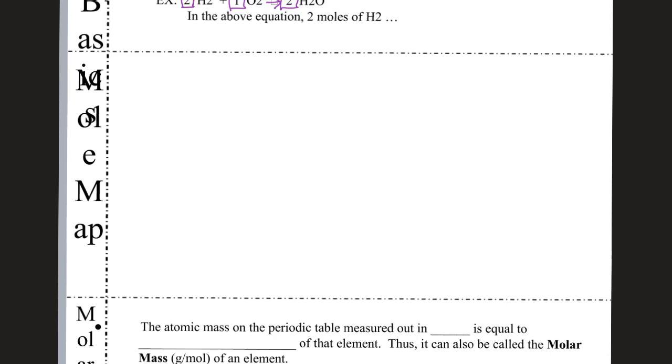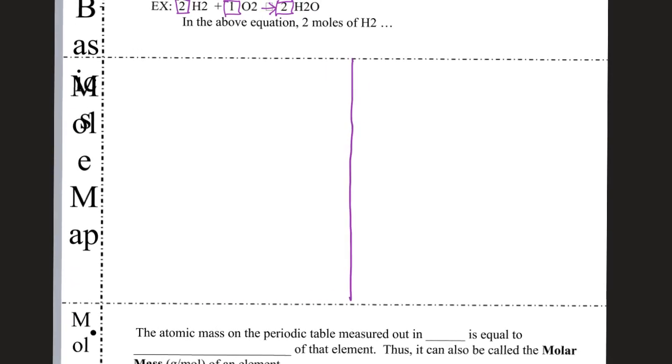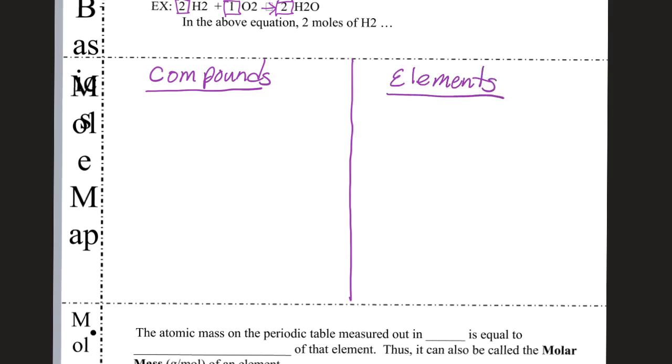When we're going to be using the concept of the mole, we're also going to be using conversion factors. So I'm going to kind of divide these into 2 parts because you need to treat these in a little bit different way. One thing is compounds. Another thing that you'll be asked to convert is elements. And these are very similar, but we kind of have to handle them in slightly different ways.